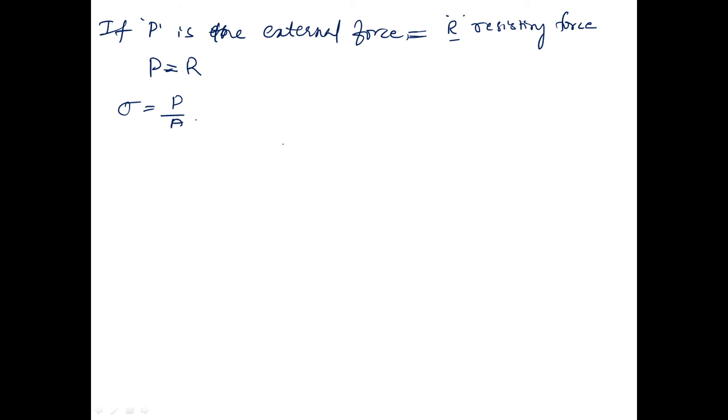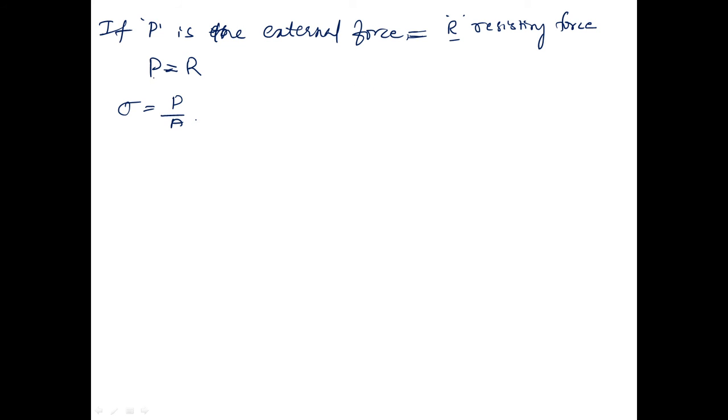If you are defining it in simple terms, you are saying it is force by area, and it works. But in technical terms, stress is defined as the resistance offered by a body against deformation per unit area. That is the actual meaning of stress.